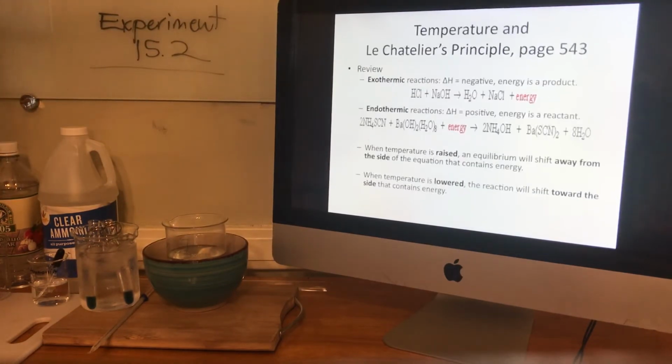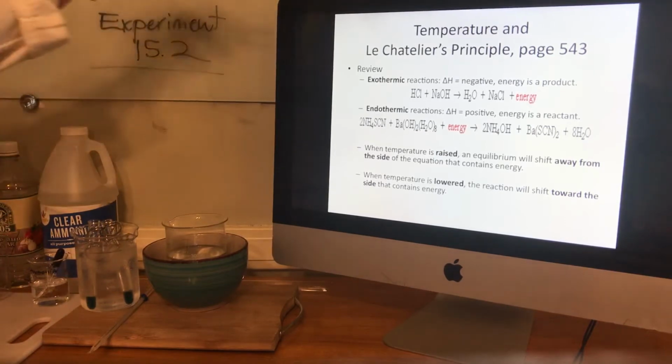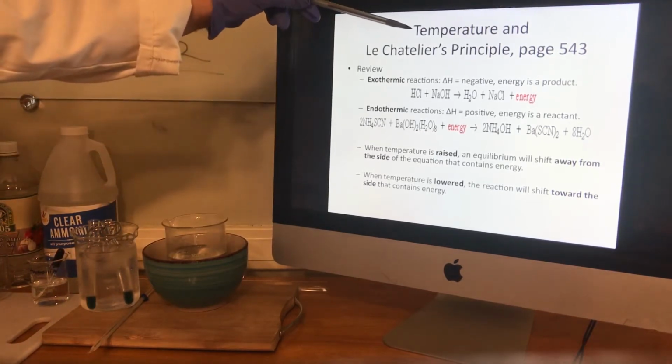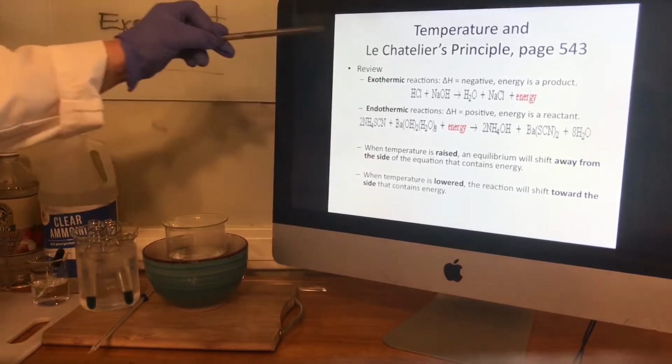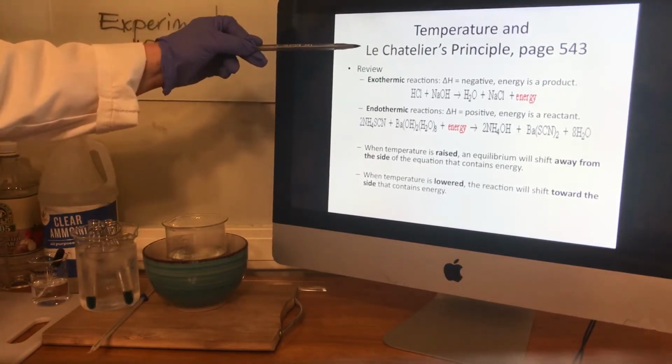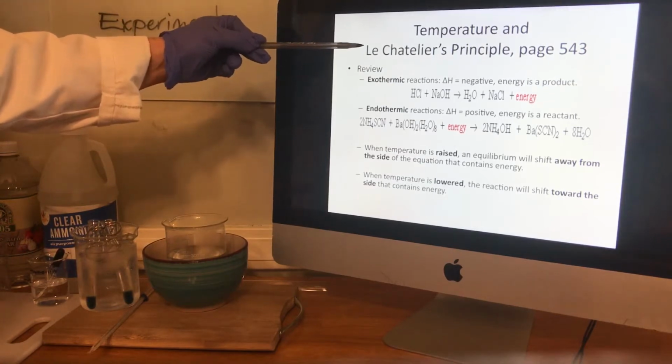All right, in this section, the book provides a nice background for the experiment. We're going to be looking at the effect of temperature on the equilibrium of reactions, particularly in the light of Le Chatelier's principle.